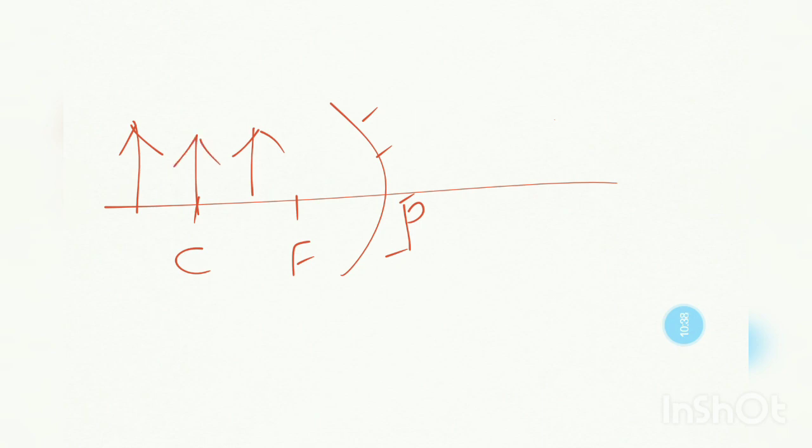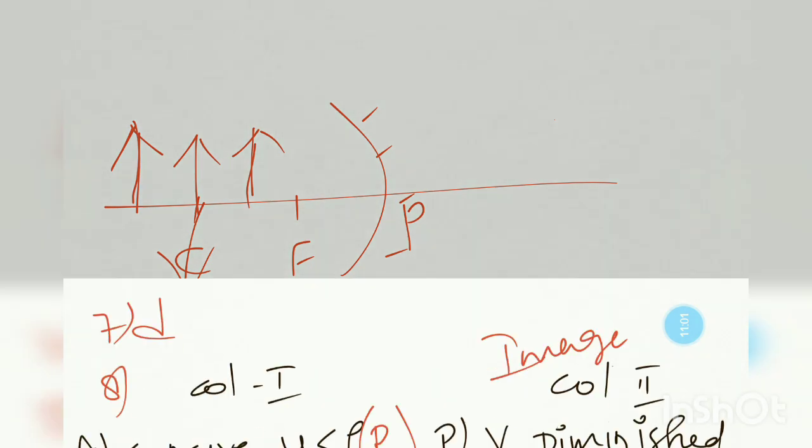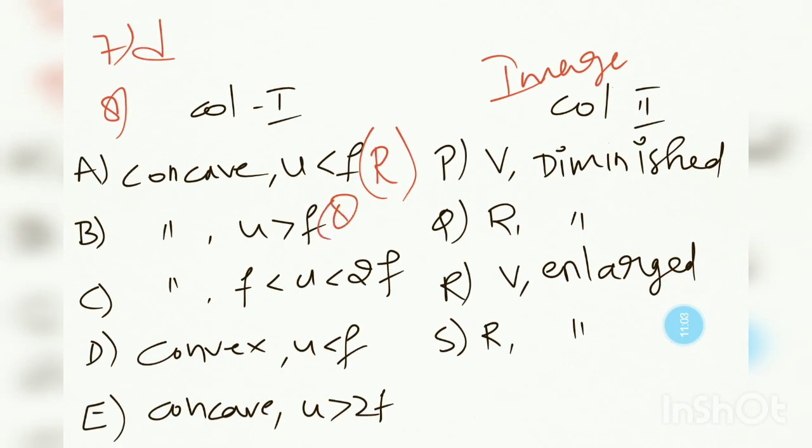So we have three possibilities. If it is placed here, we get real and diminished, and if it is placed in the other place, we get real and enlarged. Here you get the same size, here somewhat diminished, and here somewhat enlarged. So two options are given to us, and we can choose Q and S.